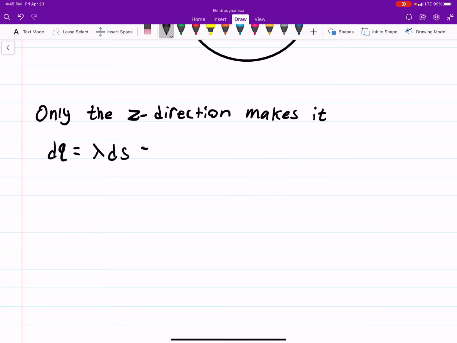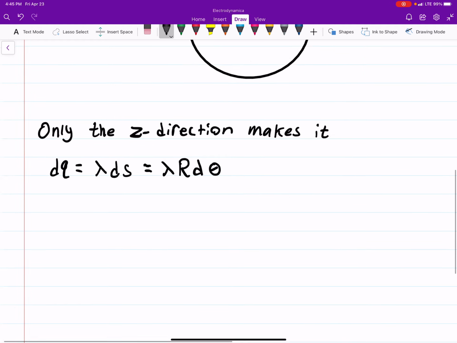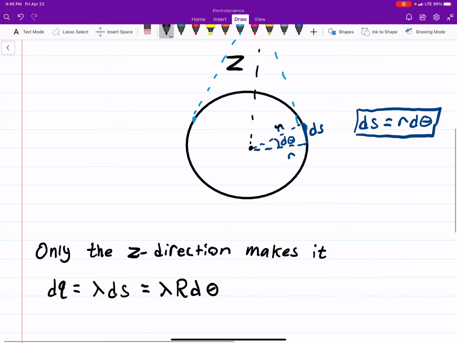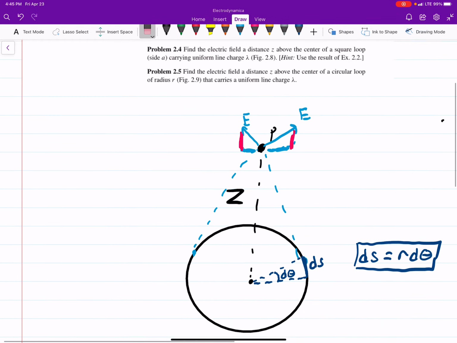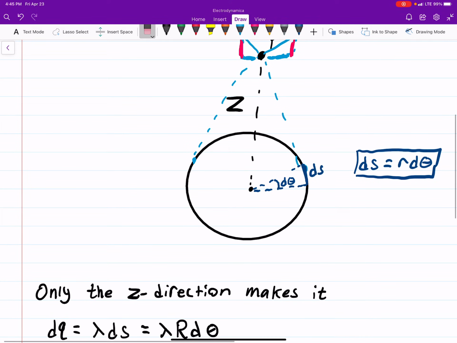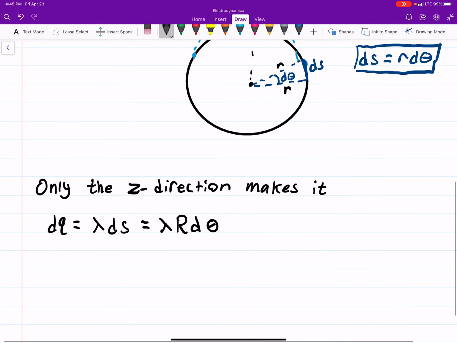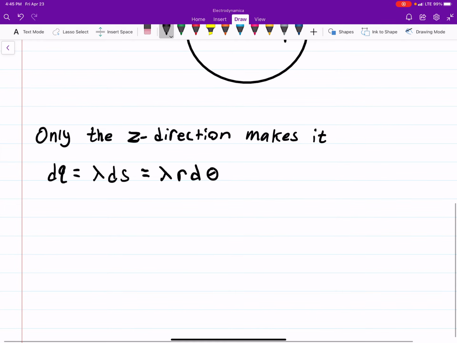But we just found out what ds is. ds is r d theta. We'll keep these little r's. So that's lambda r d theta, that's our dq.